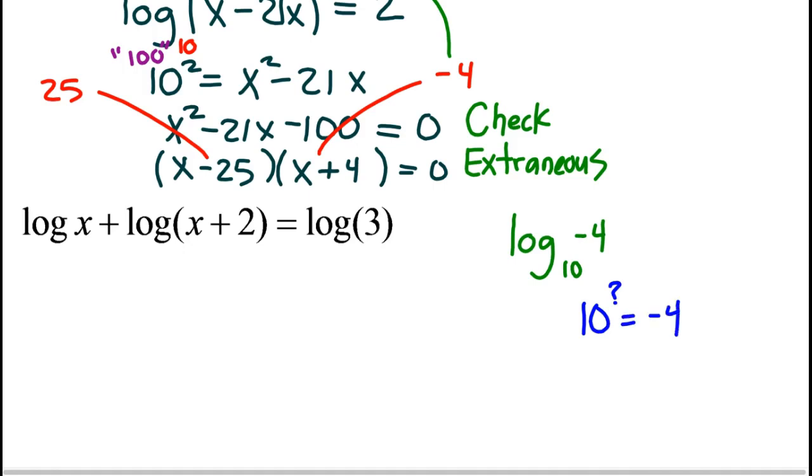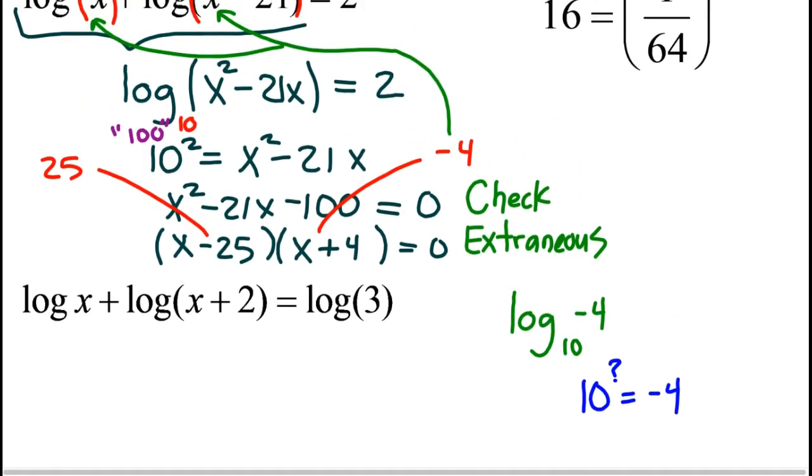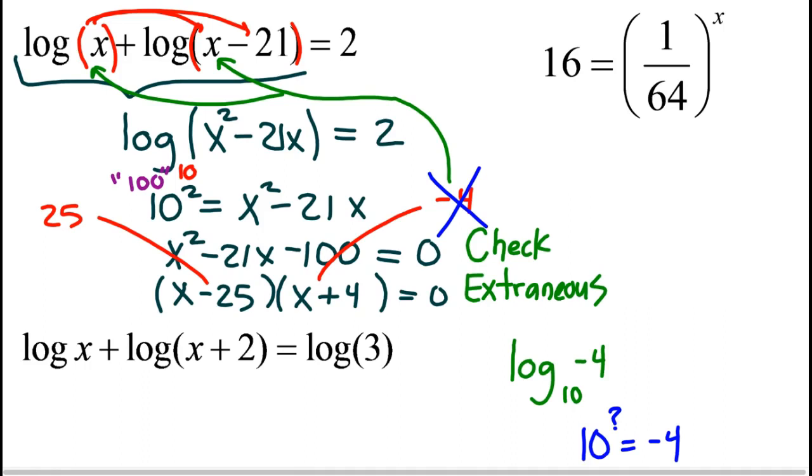You can't take a positive number like 10 to a power and ever equal a negative. So it's a bogus answer. It's an extraneous answer. So this answer, negative 4, is actually not an answer because it makes the stuff negative. But 25 is okay because that doesn't make the stuff negative, so we're good. So you got to check for extraneous, make sure that none of your answers make any of the log stuff negative.